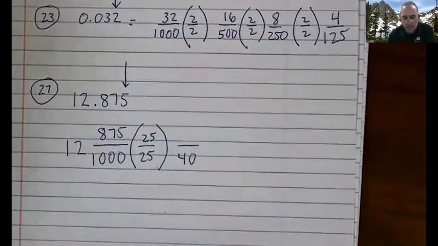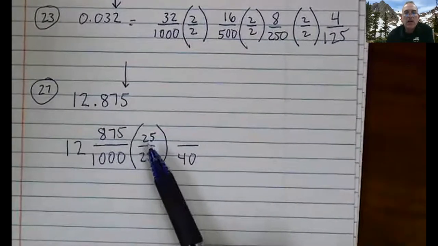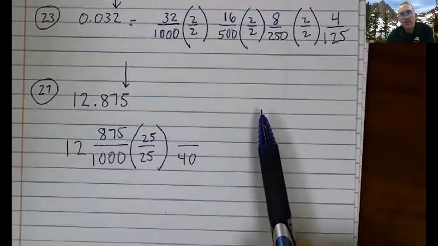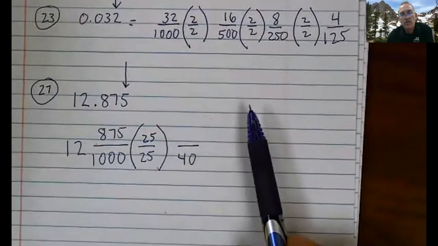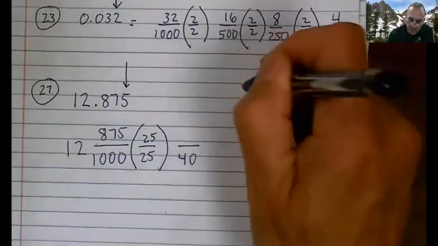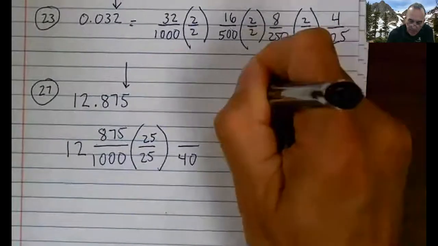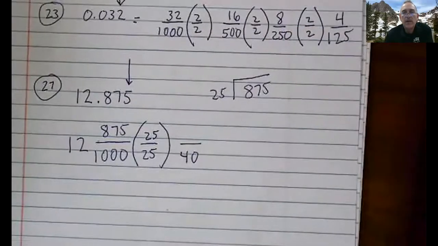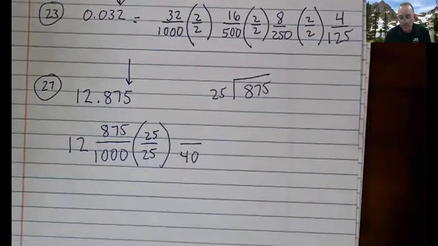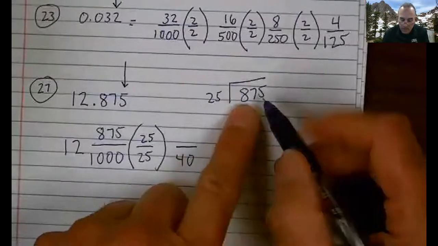Let's see if we can do this one. 25, I could pull it to the side and do my division. I could pull it to the side, do 875 by 25. Here's what I'm saying. You could do that. You could clearly do that easily. No, maybe we should just do it.